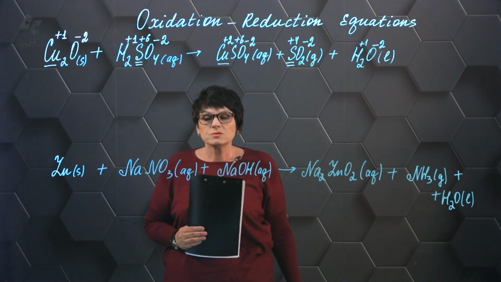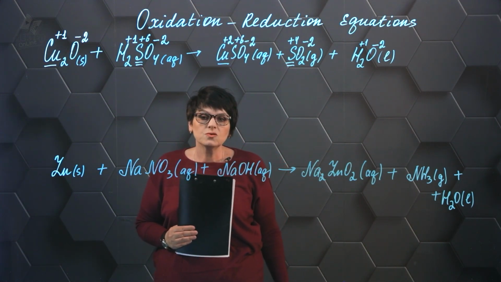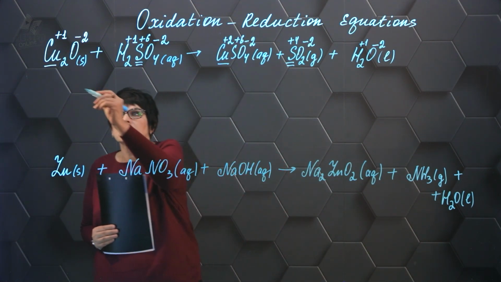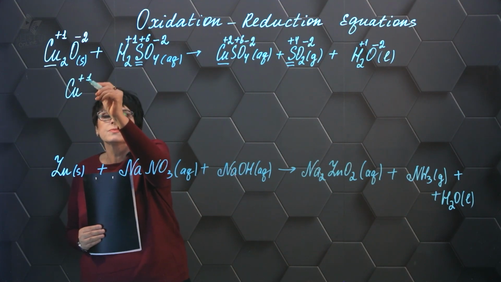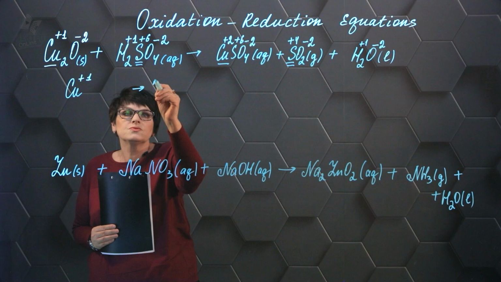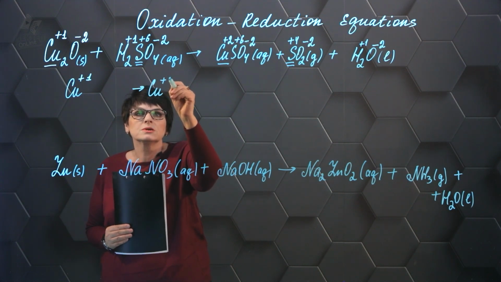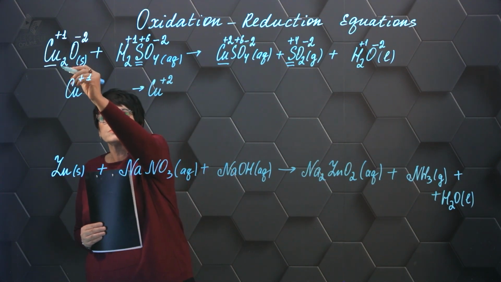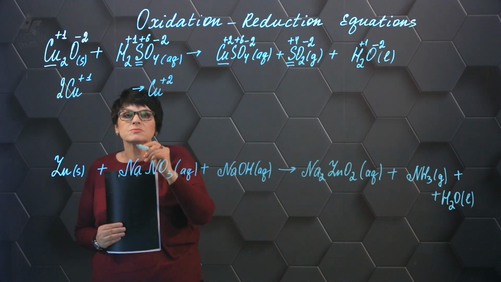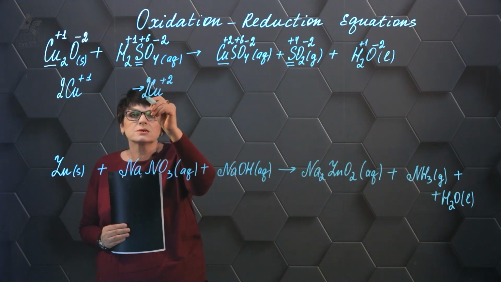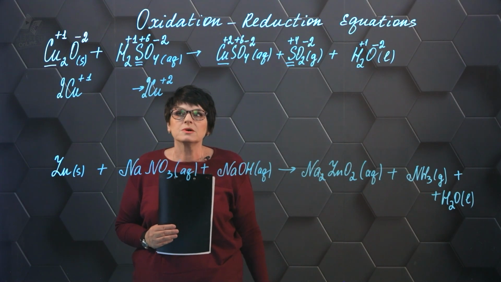The next step involves creating two half reactions. The first half reaction is the transformation of copper from +1 to +2. Since the copper on the left side has a coefficient of 2, we will also assign a coefficient of 2 to the copper on the right side. Therefore, from +1 to +2, copper needs to release 1 electron.